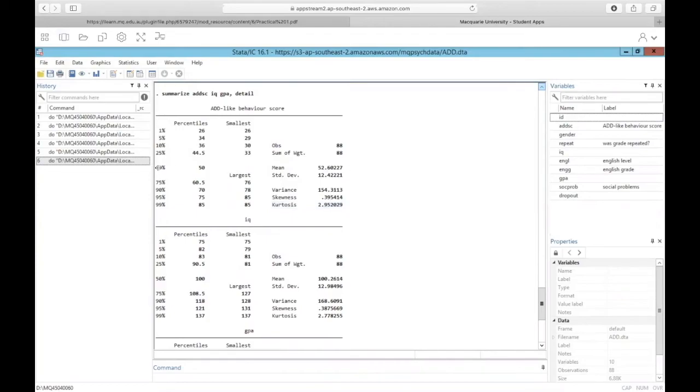And it looks like overall we have central tendency. Again, just like with variability or standard deviation, with a range from 26 to 85, a median of 50 and a mean of 52.6 are pretty close together.